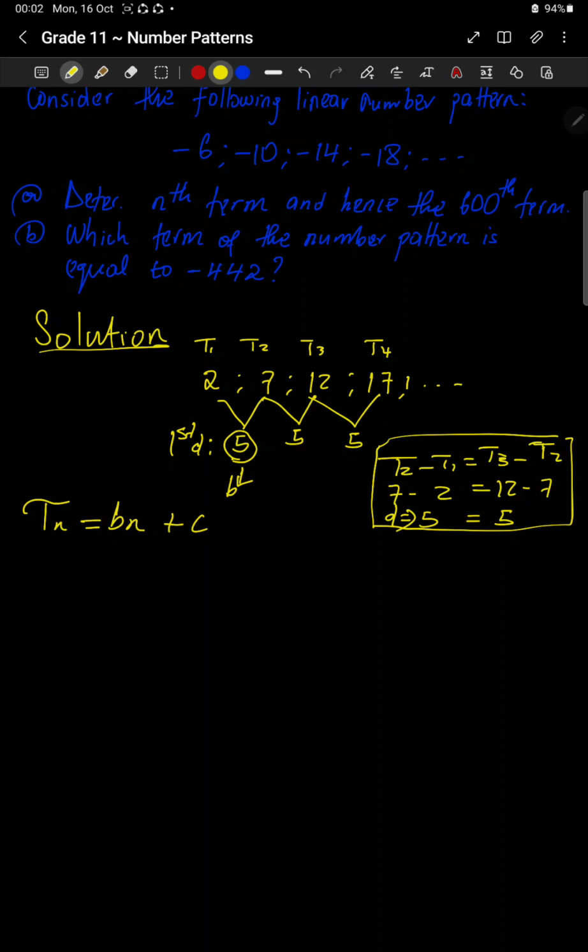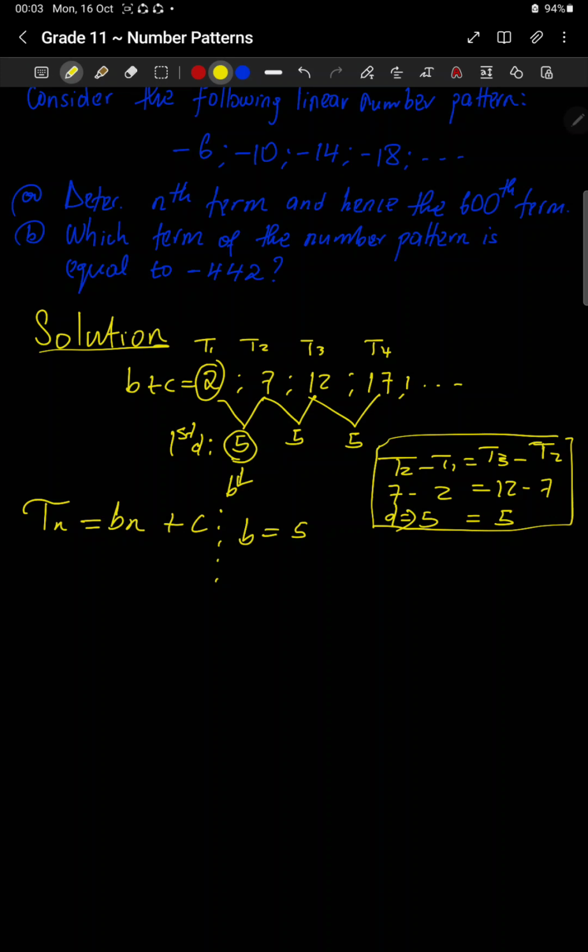And then the next thing is to find the value of C. So just write it aside, here we've got B is equal to 5. So the next step is to get the value of C. How do we then get C? It's easy. You say B plus C is equal to the first term, which is T1.